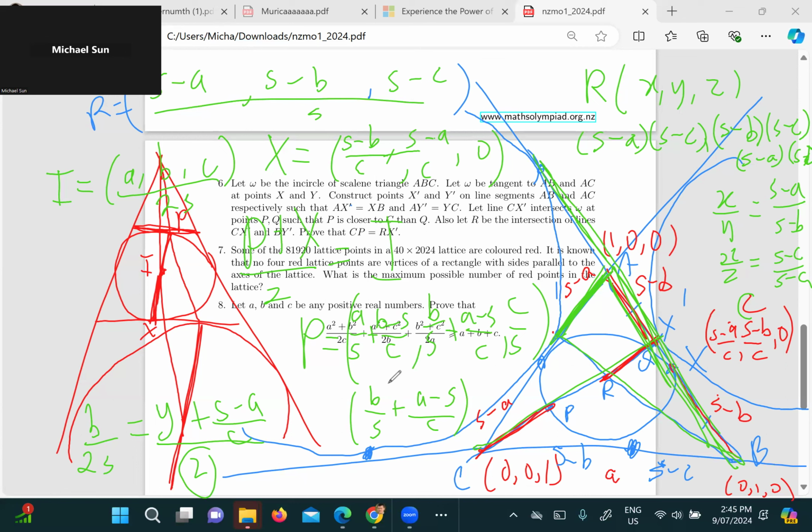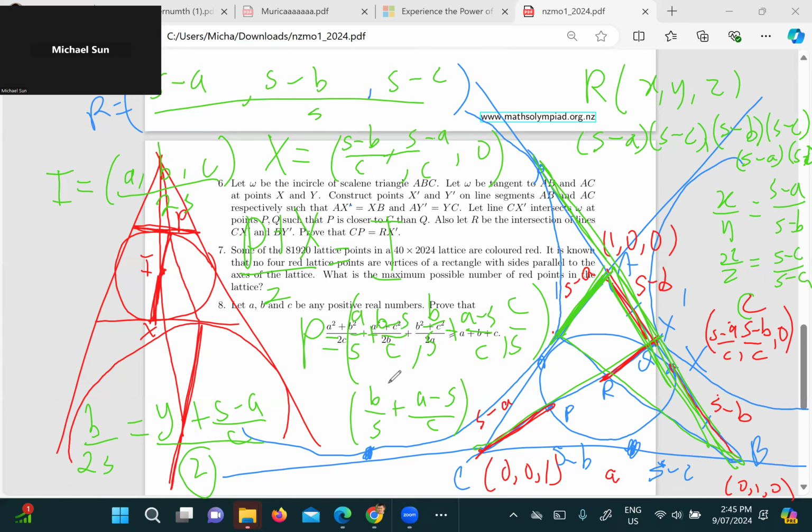Okay, so now the ultimate test is X over Y, S minus A over S minus B. And do this on a piece of paper. Wait, how do you prove that? So we want to show it lies on CX prime, right? What lies on C?